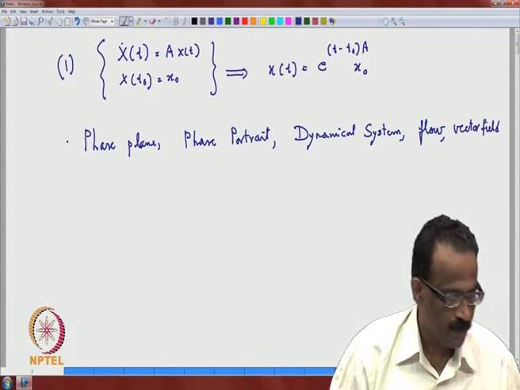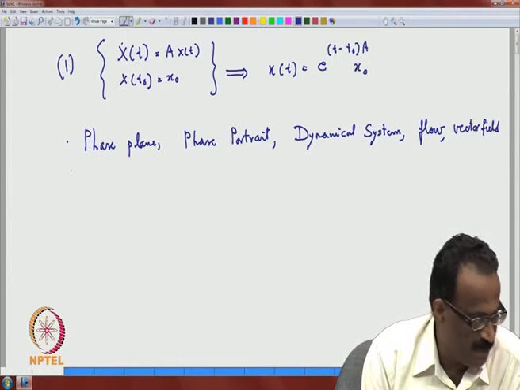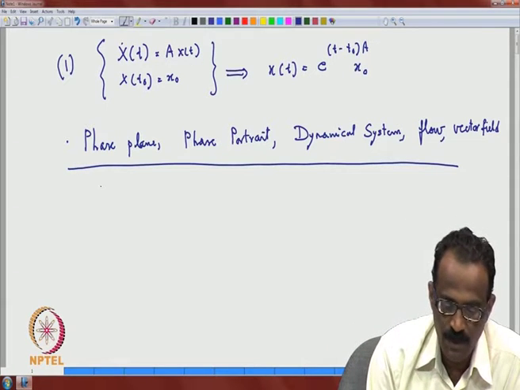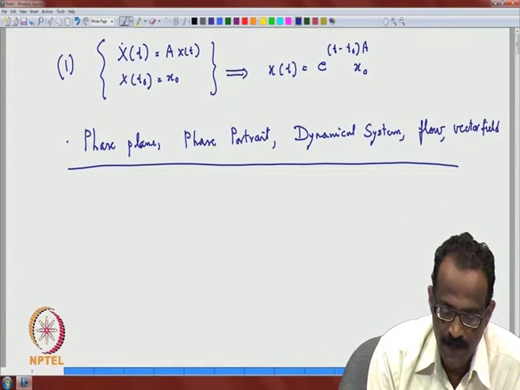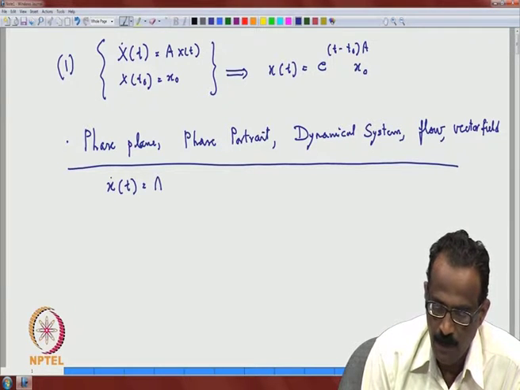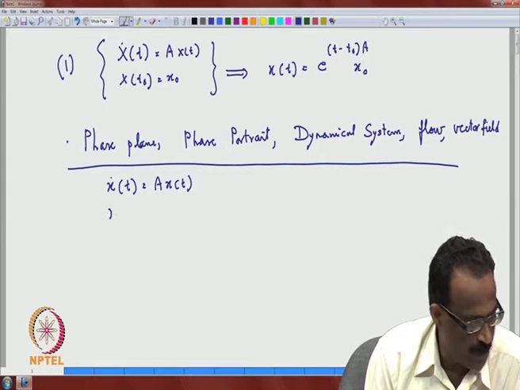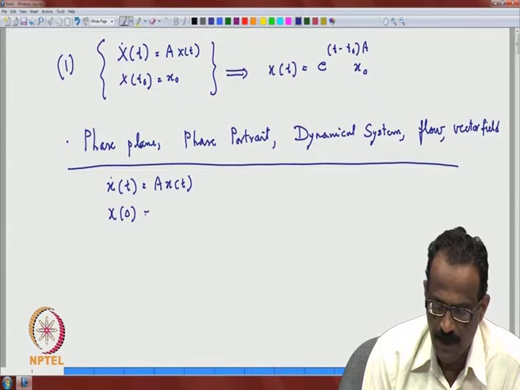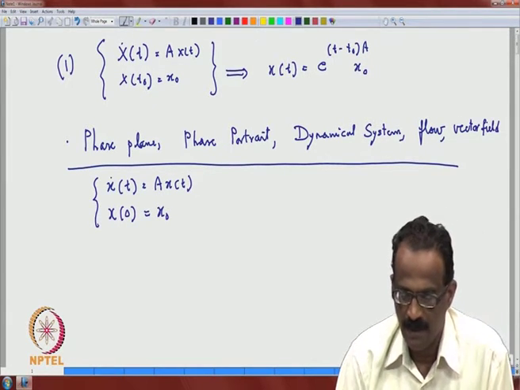Okay. So, let me start with an example. That is the best way. Let us look at a very simple example. x dot of t is equal to A x of t, with x at, say, you can put at any point, in particular you can put at 0 because of the autonomous system. What is A?